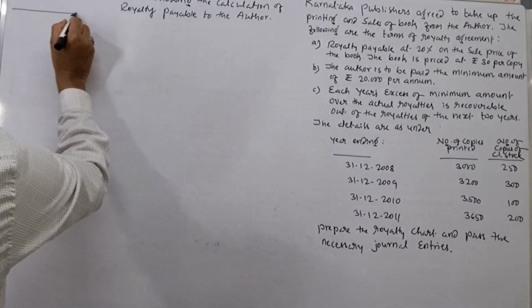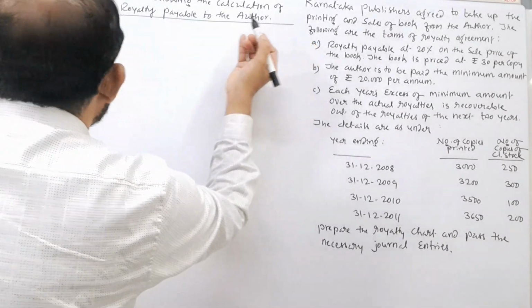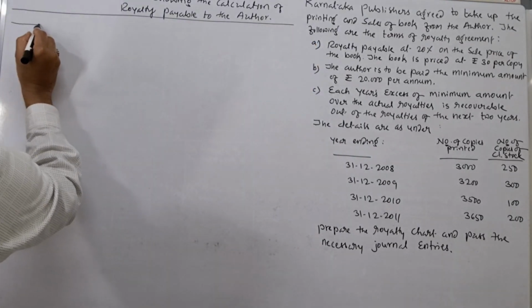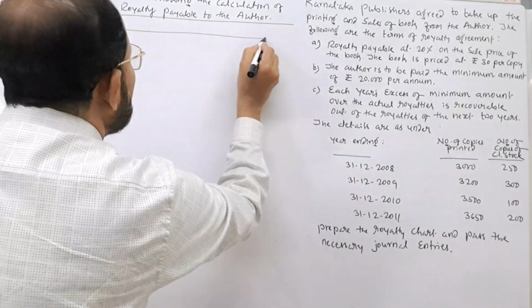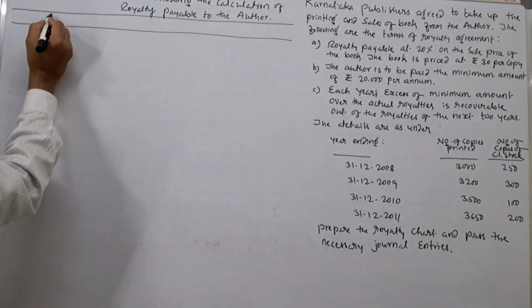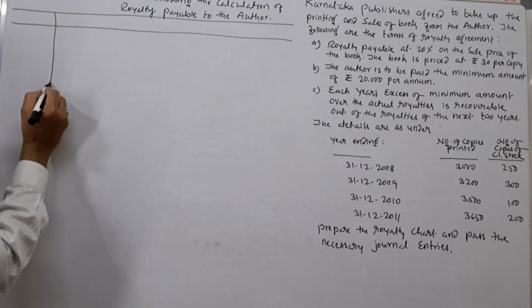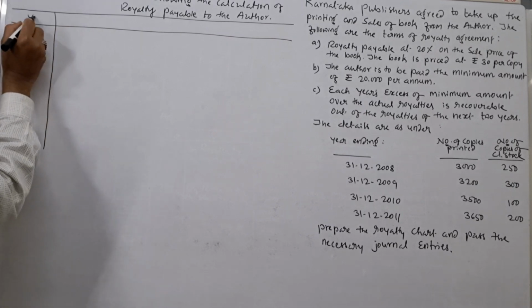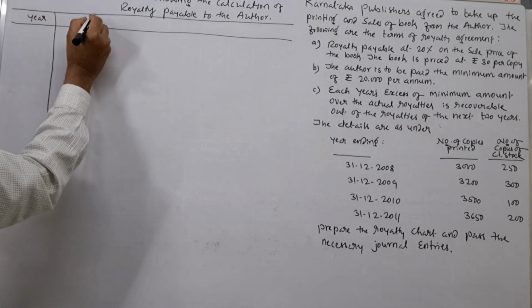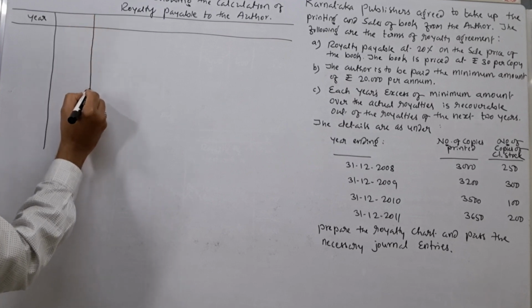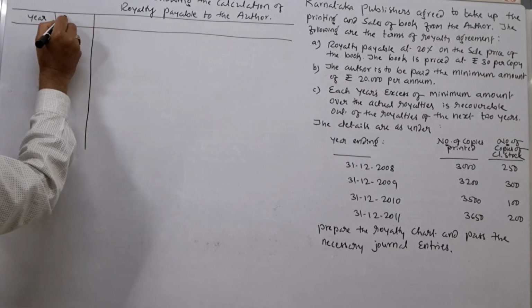You have already studied the royalty chart. You know what the important columns to be put in this table are. First one is the year column. What to put? Year. Next one is number of copies sold.